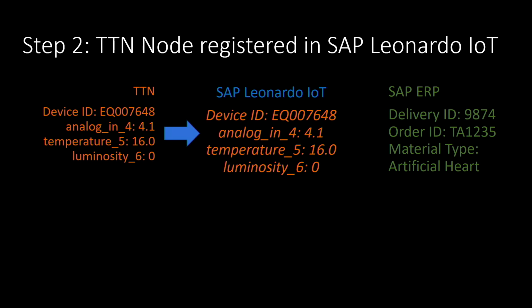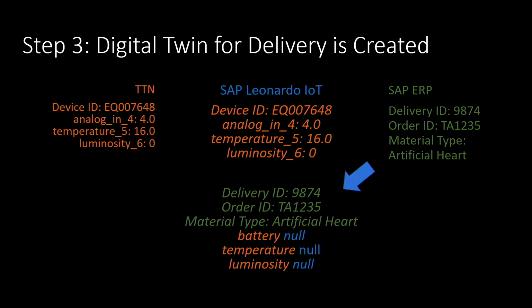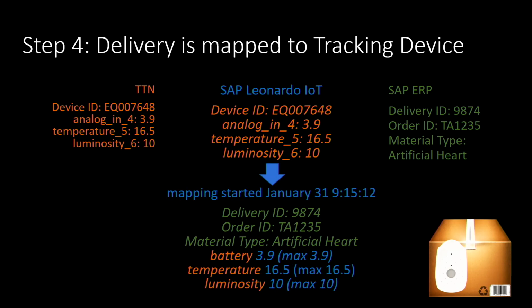So if I remove this again from the box, then it's not associated with the delivery anymore, and we don't care about the data. But if it is tied to a specific delivery and a mapping is established, then the current values, but also all of the historical values, what was the maximum temperature, what was the maximum light exposure, will be completely recorded.